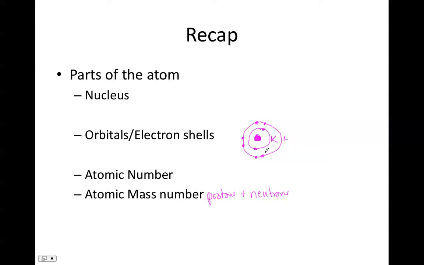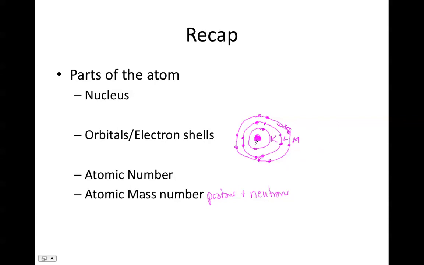So if it has less than 8, it either wants to gain electrons, lose electrons, or share electrons, so that 8 electrons eventually will fly around that outer shell. And then we have the M shell, and that holds 8 electrons as well. So you have 1, 2, 3, 4, 5, 6, 7, 8.